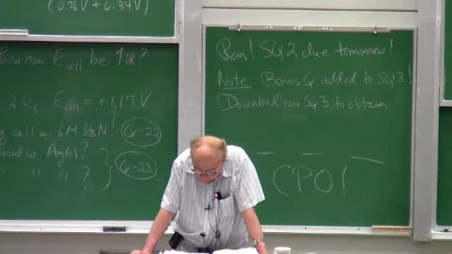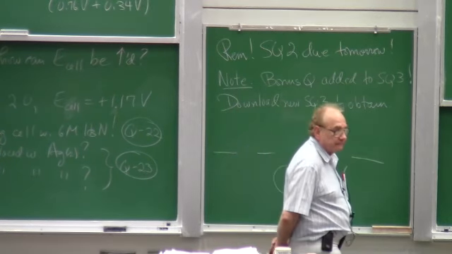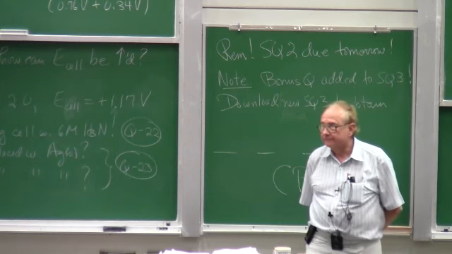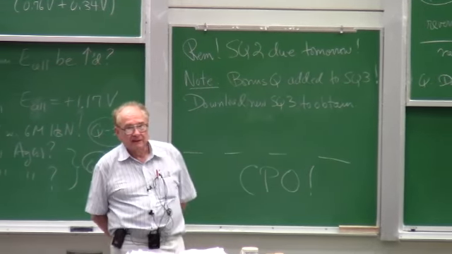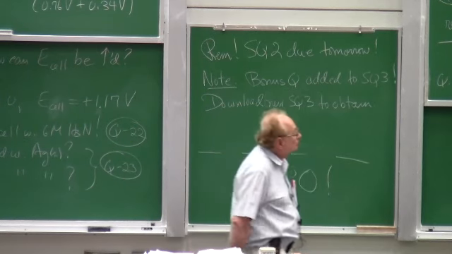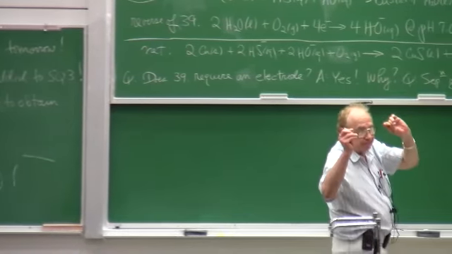On looking at the table, tell me which E0 values we could apply. Look at the table. Tell me which E0 values we could apply to 39. There are 2 of them.